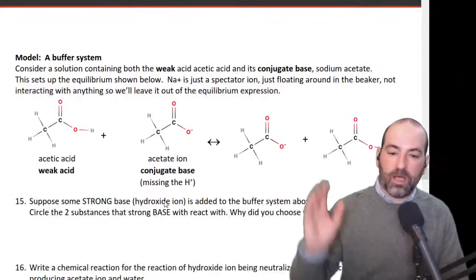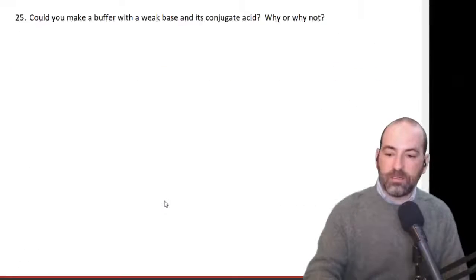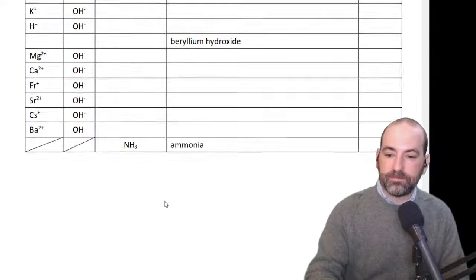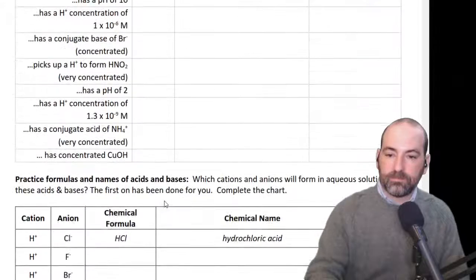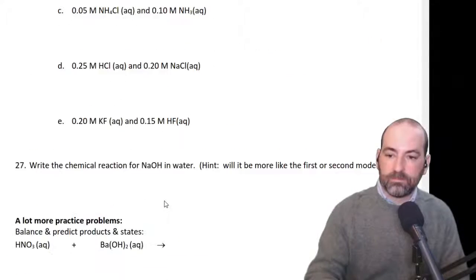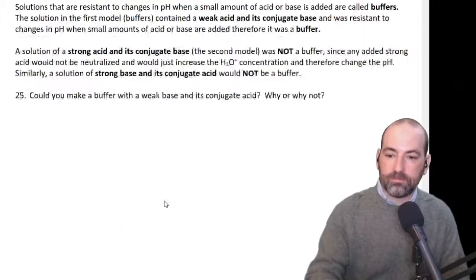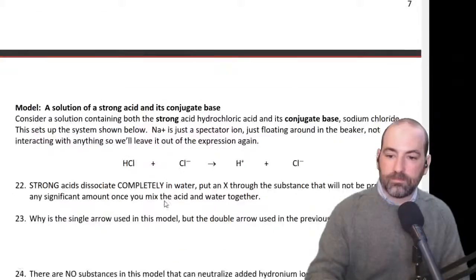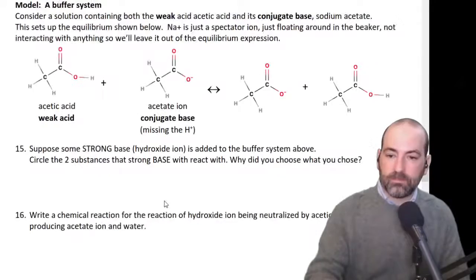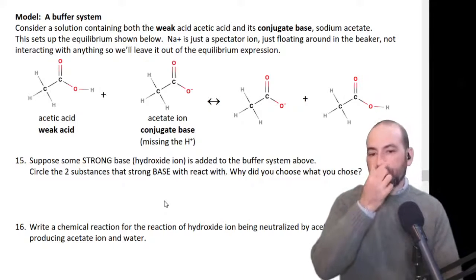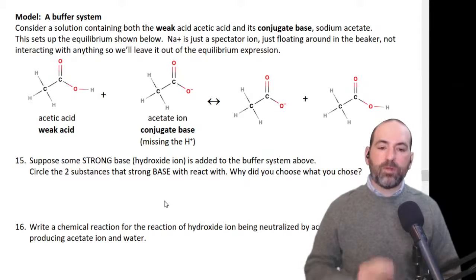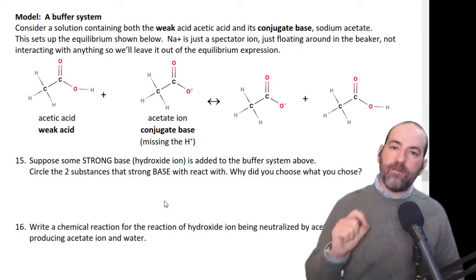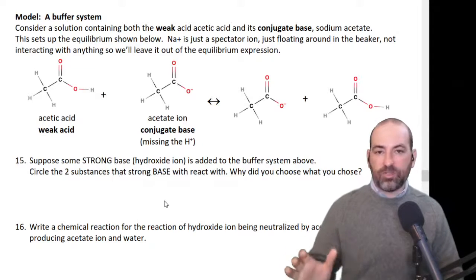All right, last things we're going to talk about are buffer systems and blood. So what happens if you take pure water and you add just a very, very small amount of strong acid, like just a drop of HCl?